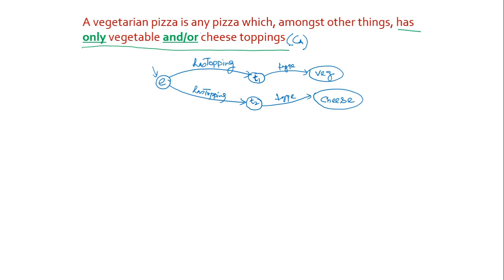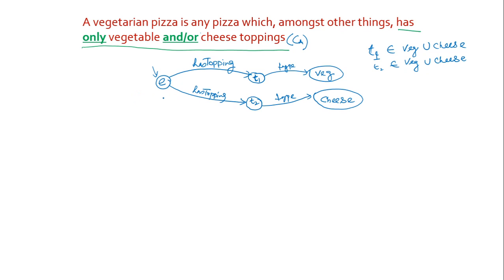But as we are saying has only vegetable or cheese topping, T1 is a member of the union of veg or cheese. T2 is also a member of veg or cheese, right?